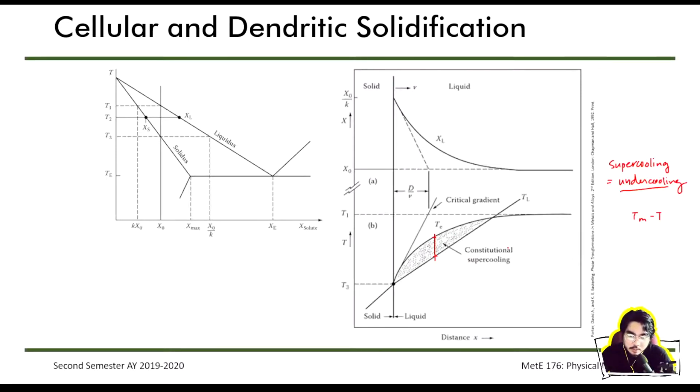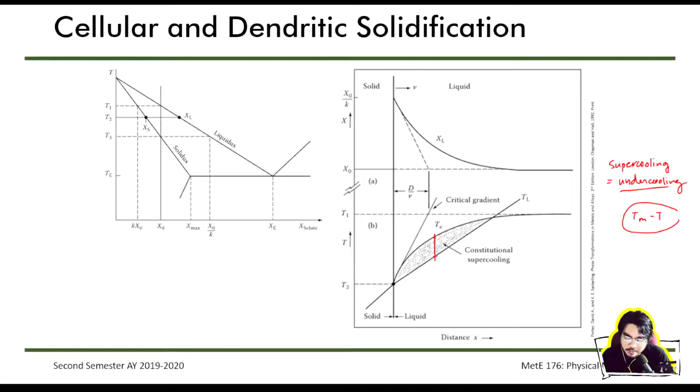So if you look at this, this supercooling is not caused by an increase or decrease in temperature. This supercooling is caused by the composition, okay? Hence the term constitutional supercooling.